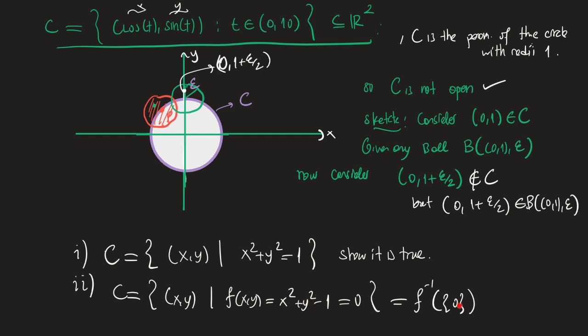Any point is closed, and the inverse of a closed set under a continuous function is closed. So this is closed, as the pre-image of a closed set under a continuous function. So by the definition of continuity, it is closed.